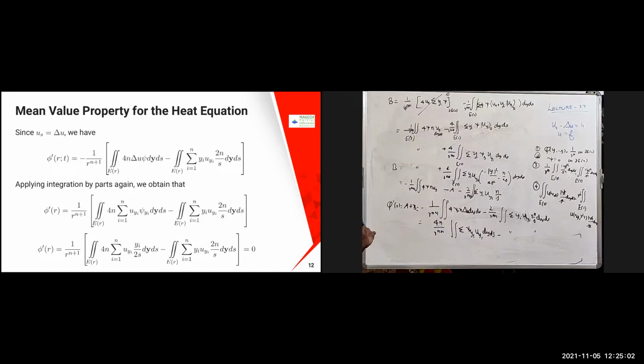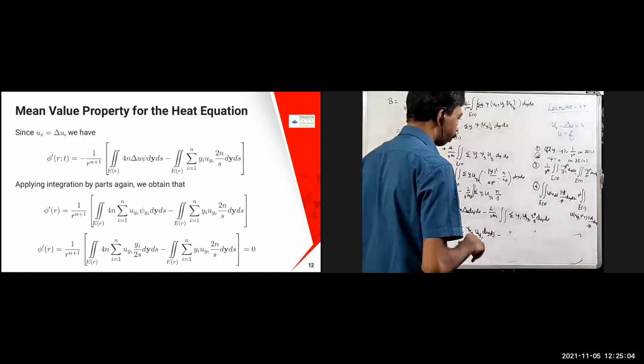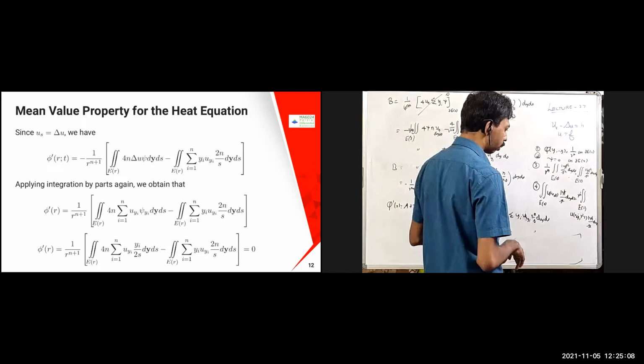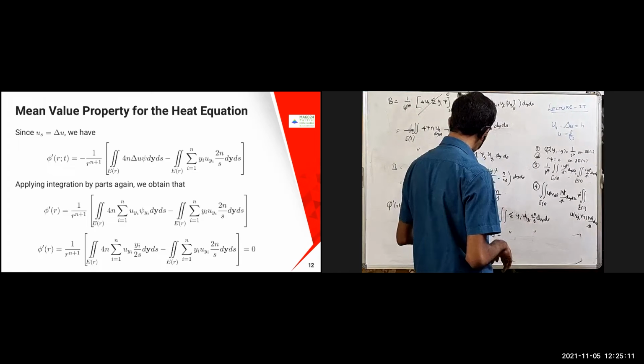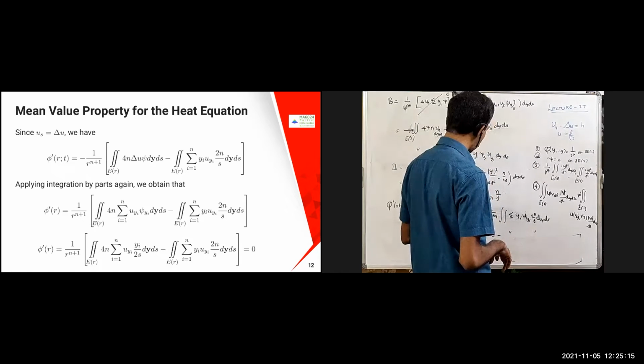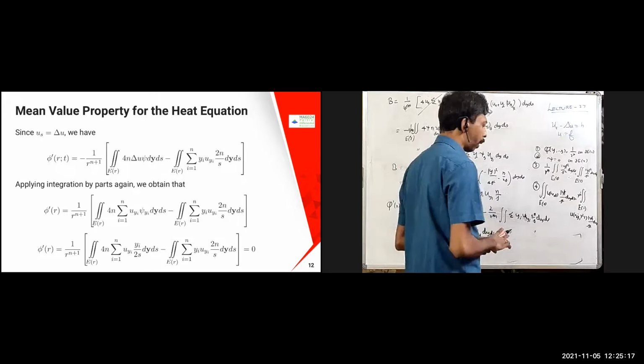So therefore, what you are going to get is 4n by... once again you are going to use ψ y_i. This one again I am going to use the formula, pi dash of r.